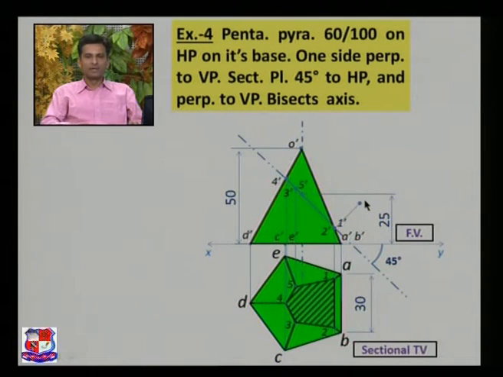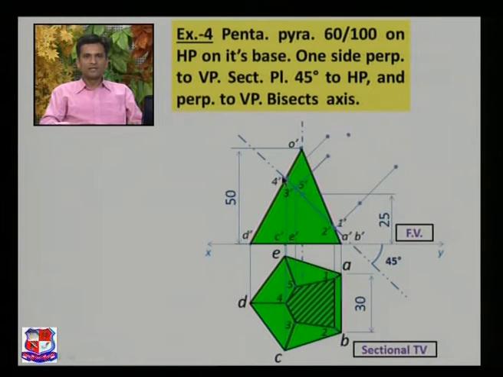Similarly, from 3 dash draw a line perpendicular to this cutting plane line, measure XY line to P3, put it over here, measure XY line to P5, put it over here, and here is point P4.